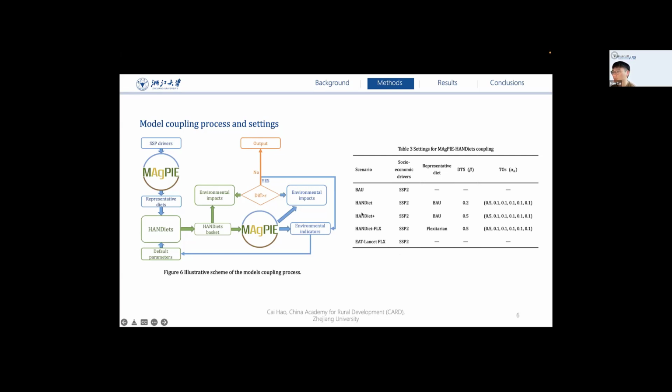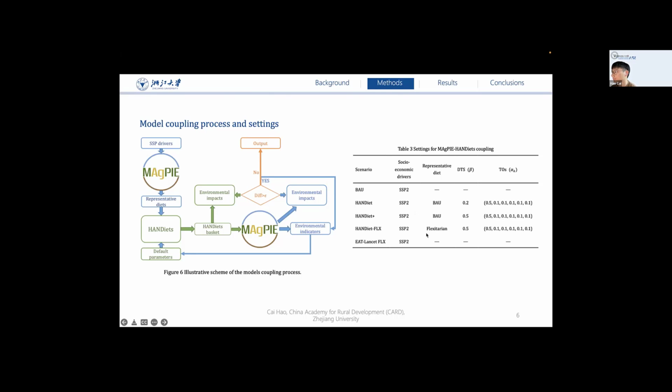The HAND diet scenario is a moderate one with 0.2 DTS, and its representative diet is from MACPI BAU. The HAND diet plus scenario is more radical with 0.5 DTS, and the HAND diet FLX scenario has a different representative diet from the flexitarian diet proposed by the EAT-Lancet Commission. So it is a combination of the flexitarian diet and our HAND diet.